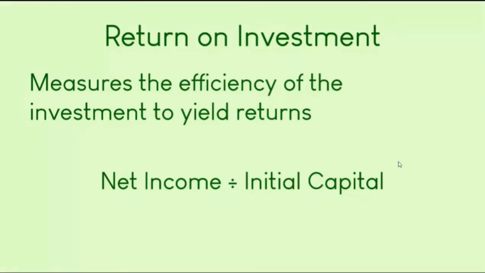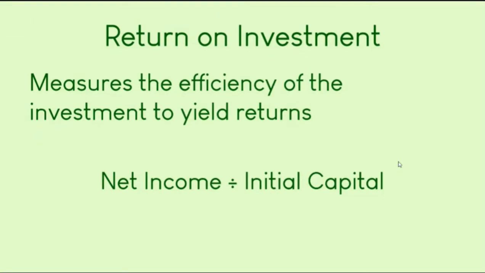Last one is return on investment. So return on investment measures the efficiency of our investment to our yield or to our returns. It is computed by getting the net income and dividing it with the initial capital. So the concerned accounts in here is the net income first, and then we have the capital accounts.